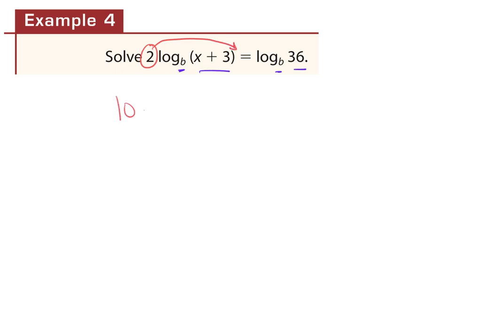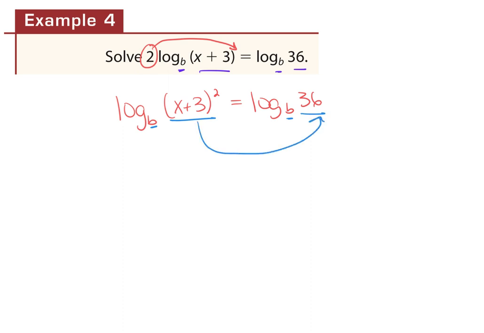So we'll say log base b of x plus 3 to the second power, log base b of 36. Anytime your bases are the same, what is inside here will also equal. So if my bases are the same, I can completely ignore the log and say that must mean that x plus 3 squared equals 36.